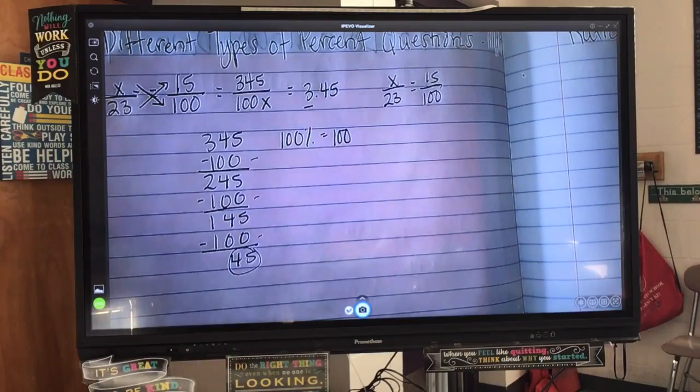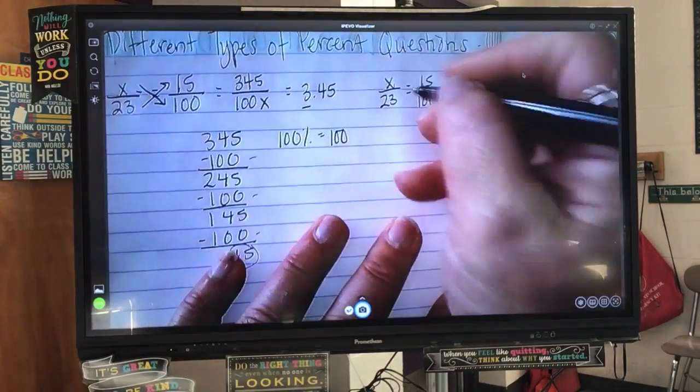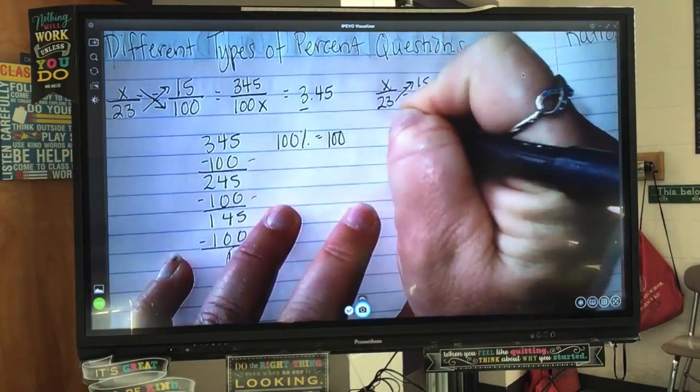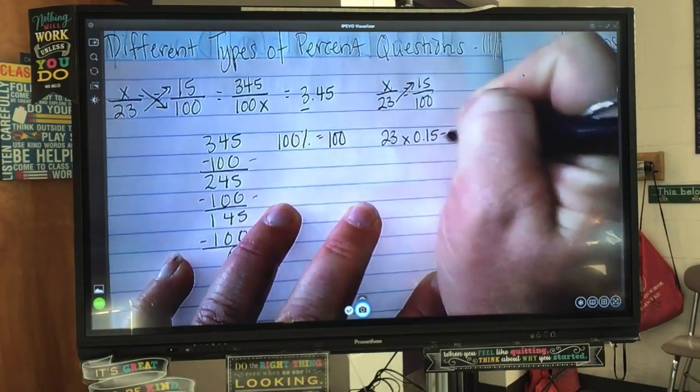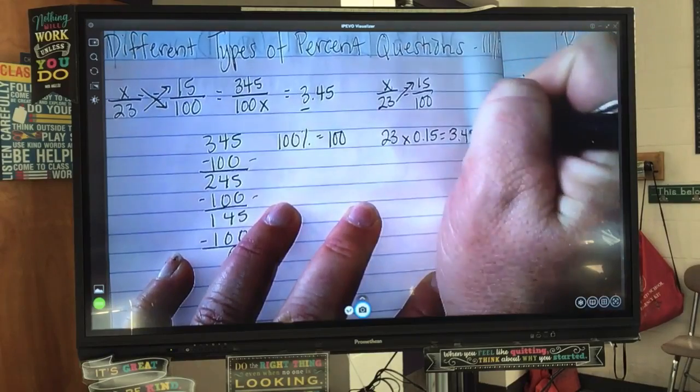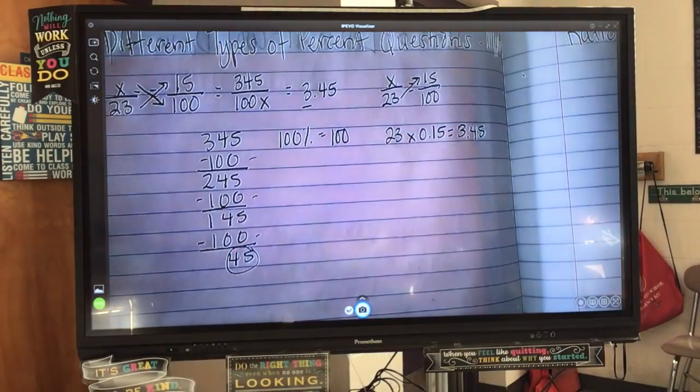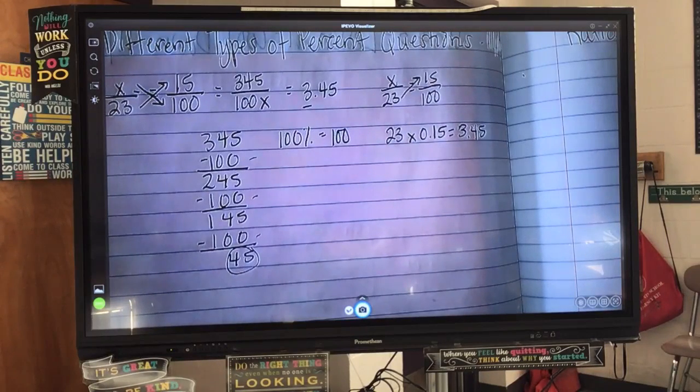Aiden? 0.15. Alright, so technically, I'm just simply going to do 23 times 0.15, which is going to give me 3 and 45 hundredths. That's if you understand how to write your percentage, essentially the 15 hundredths, as a decimal. So here's one way.